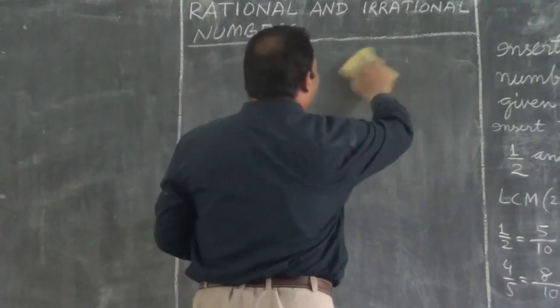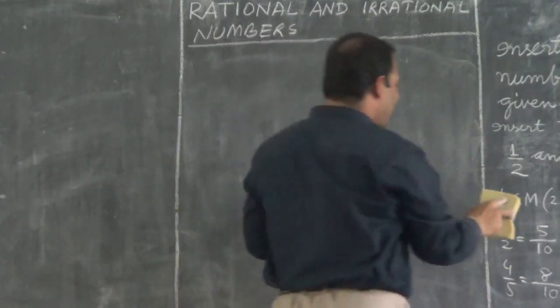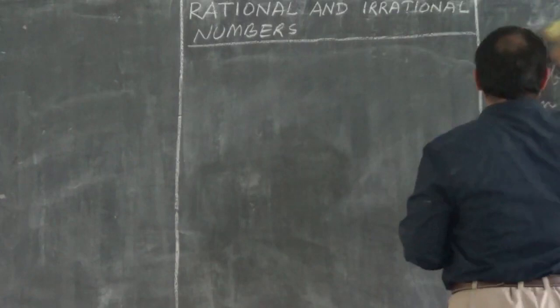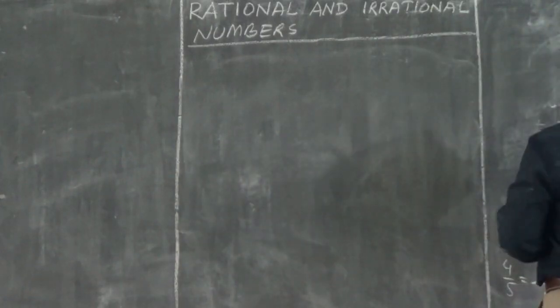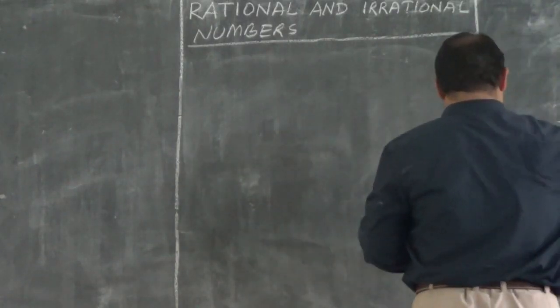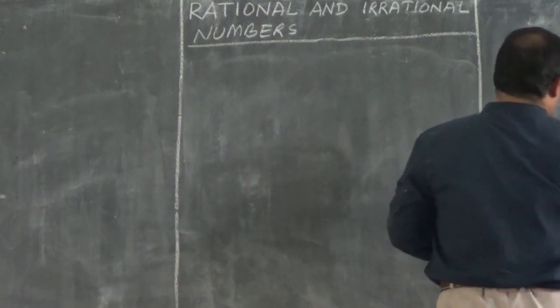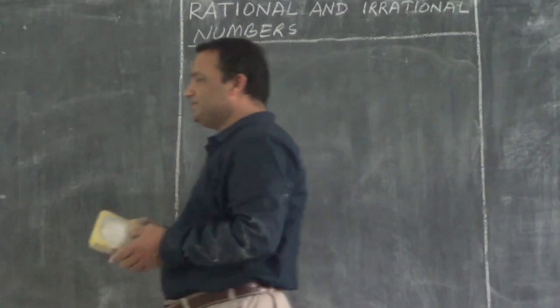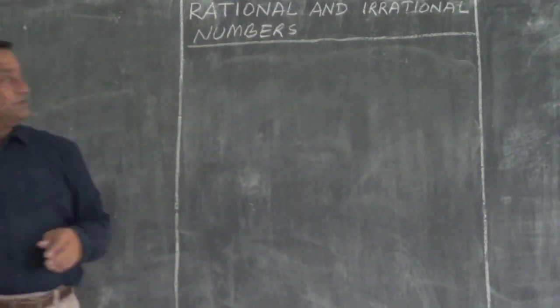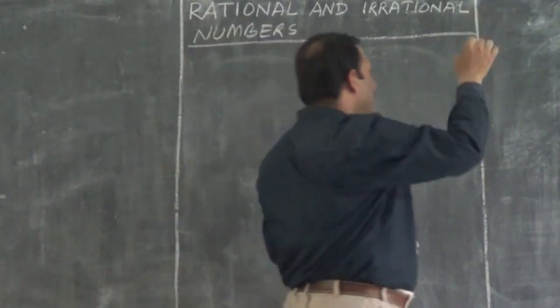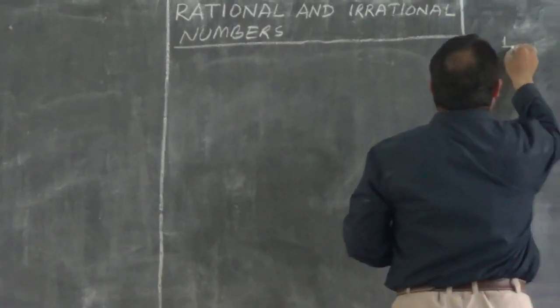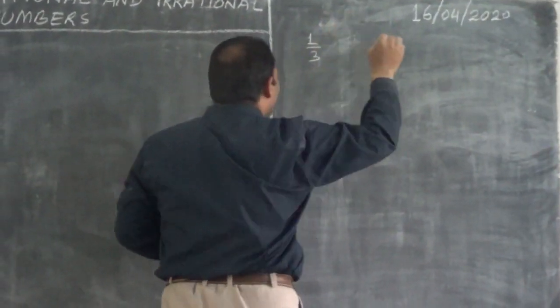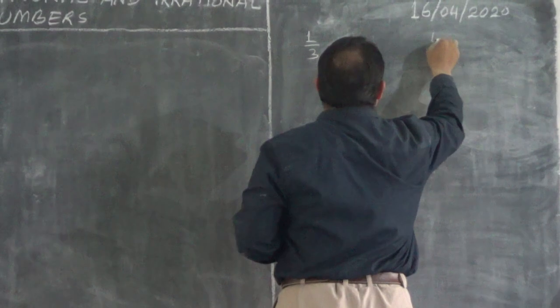And there is one more method, children. I will tell you that method now, and then you can solve the problems from your exercise book. I will give you two numbers again, 1 by 3 and 4 by 5.